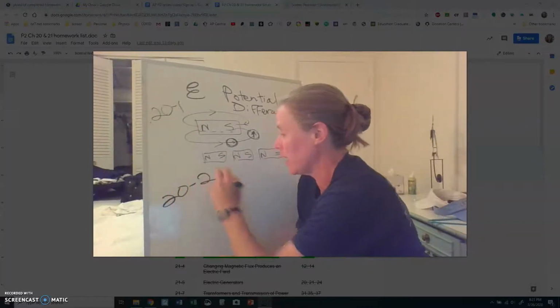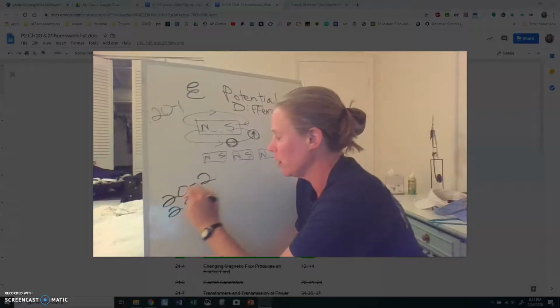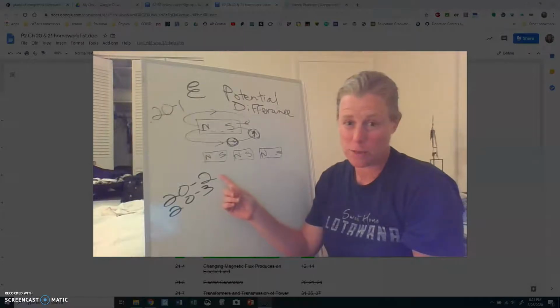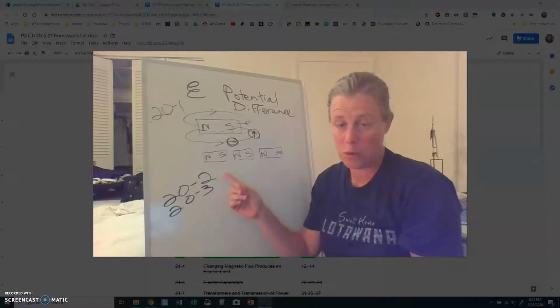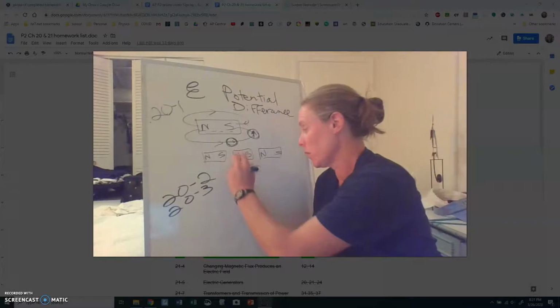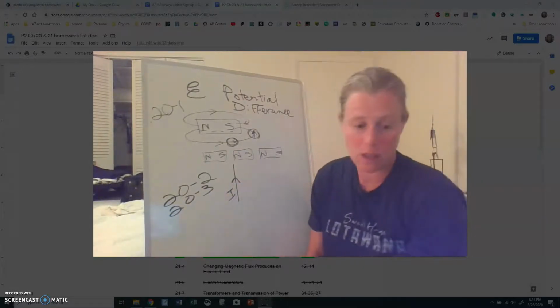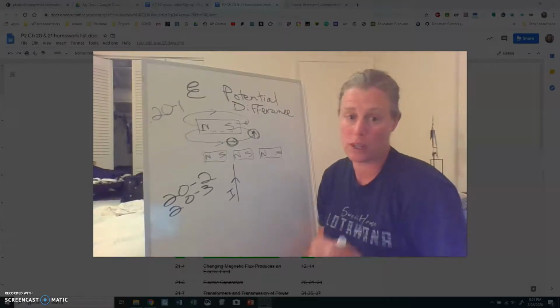20-2 and 20-3 are related. 20-2 was just observing a phenomenon. When we would put current through a conductor, there was a field that was created.